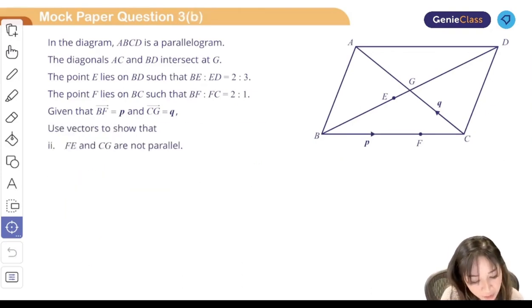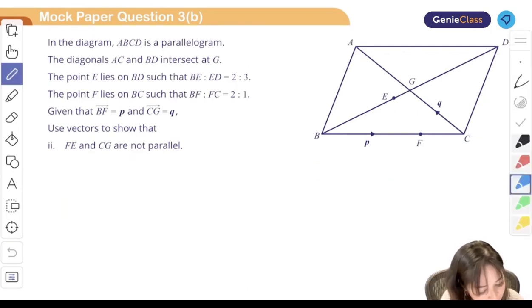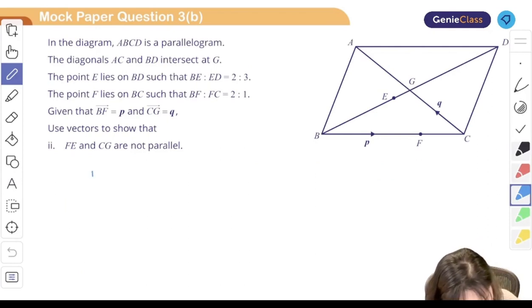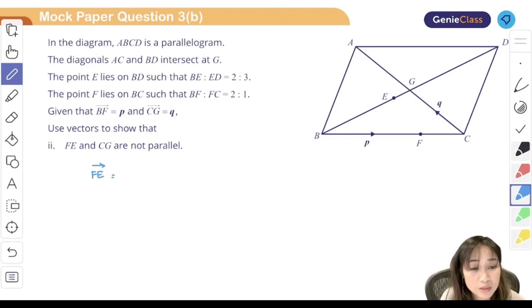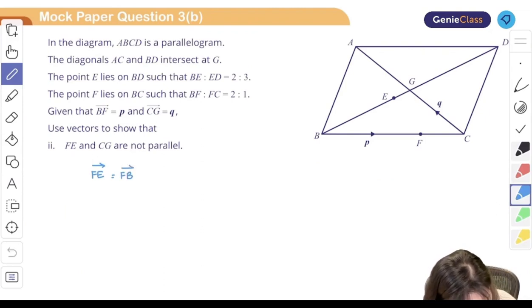Sorry. Yes, okay. So in the diagram, ABCD, oh my goodness, time flies so fast. In the diagram, ABCD is a parallelogram. Use vectors to show that FE and CG are not parallel. So first things first, we need to find vector FE. So FE equals FB plus BE.